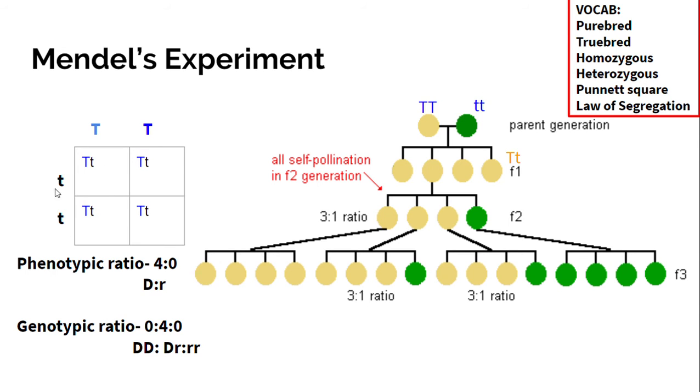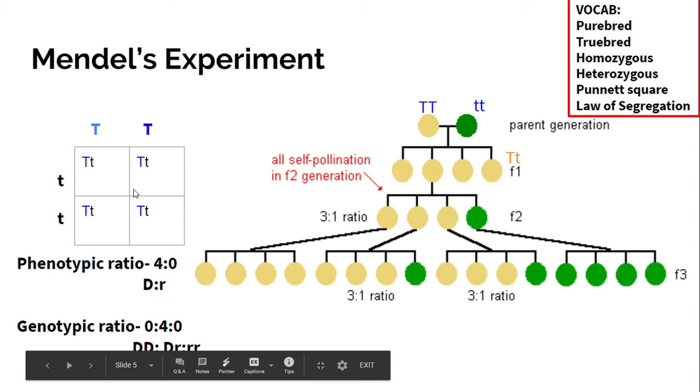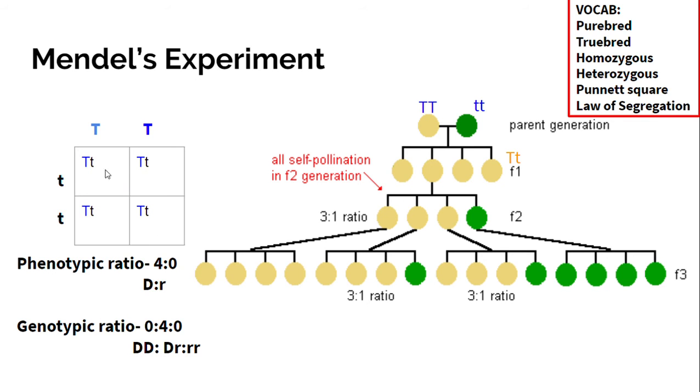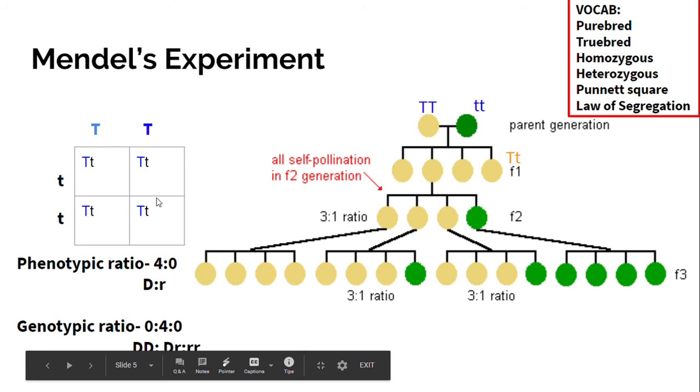In the case of crossing the two parents of the parent generation with the pea plants, so the big T with the little t, the ratio would be 4:0, because when crossing, all the offspring have a dominant allele that masks the recessive, so there would be 0 for the recessive number, since the short trait is masked for all of the offspring possibilities. There's also the genotypic ratio for a monohybrid Punnett square.